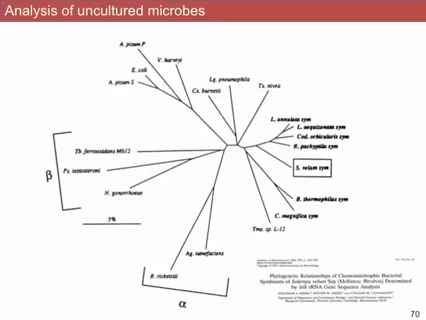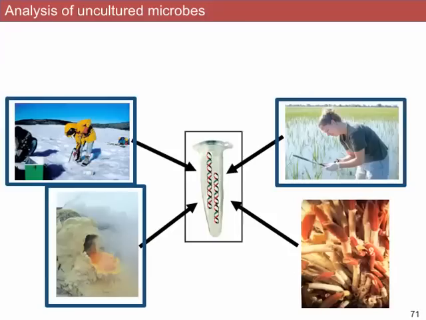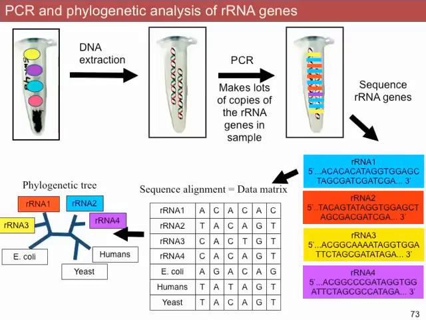And the great thing about this methodology, and what we will talk about a lot in the next lecture, is that even if there are hundreds of organisms in the environment, in one reaction you can figure out what all of them are by typing all of the different ribosomal RNA genes in one environmental sample. And then you can study, for example, the thousands of species of microbes that are on our skin without having to grow them all in the lab.